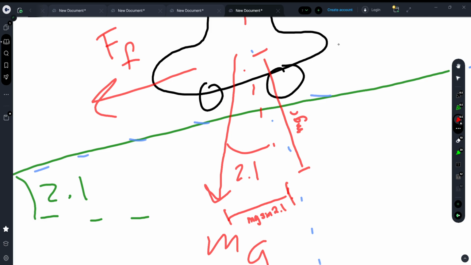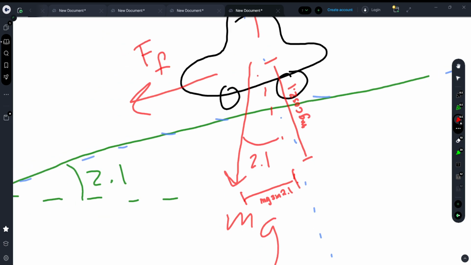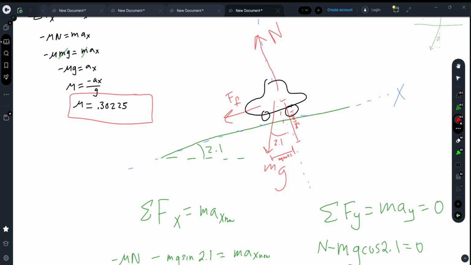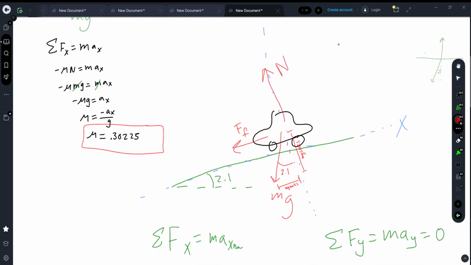Stop. Mg cosine theta. So, when we do our x, oh, and then this blue over here is saying that this is the x and this is the y.